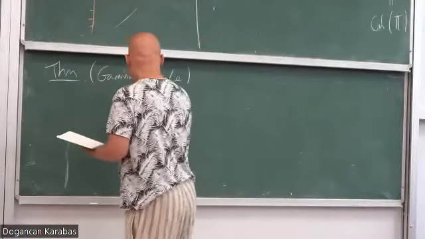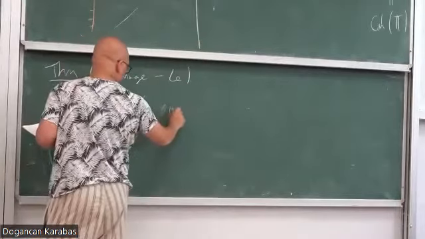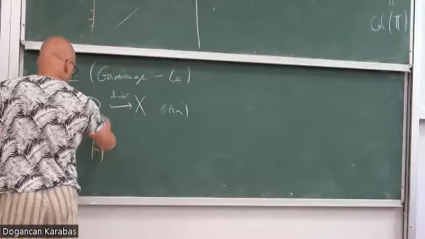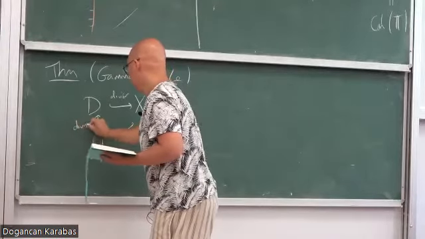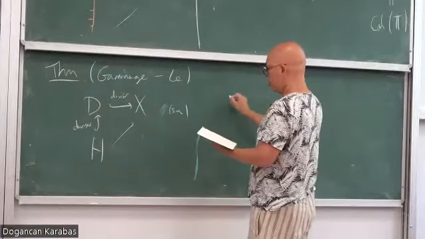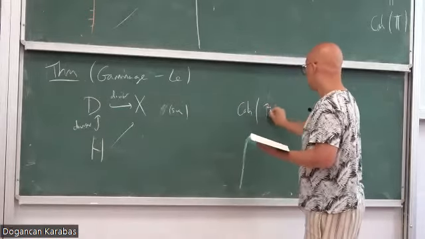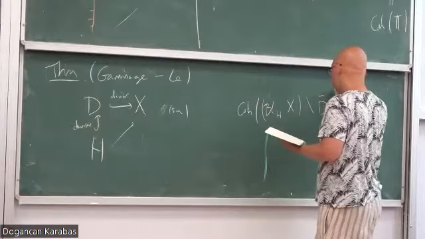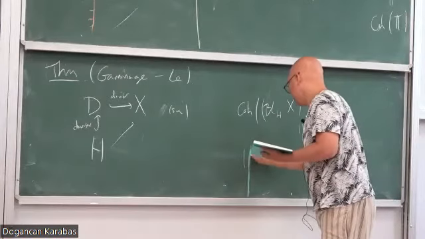If I have X, a smooth variety, D a smooth divisor in X, and then H in D, which is again a divisor, and everything is smooth, then the theorem is that coherent sheaves on the blow up of X along H, from which you delete the strict transform of D, is equal to this pushout diagram.